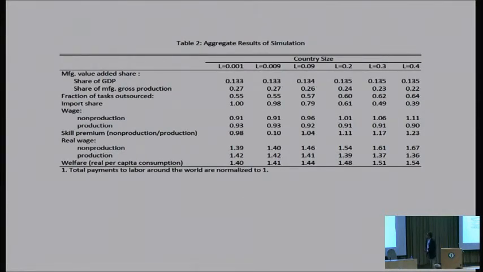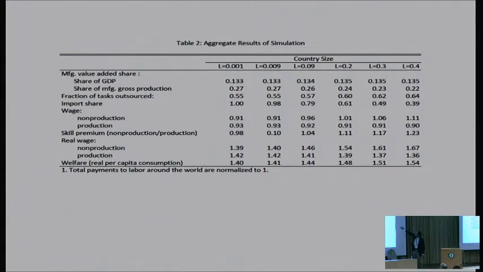So then we solve the general equilibrium of the model, where wages are endogenous as labor demand, and then we had our fixed labor supplies in each country. What do we get? Well, part of the reason I put all those non-production workers in there with a big share is to get a realistic manufacturing share of GDP, and that's what you're seeing there.